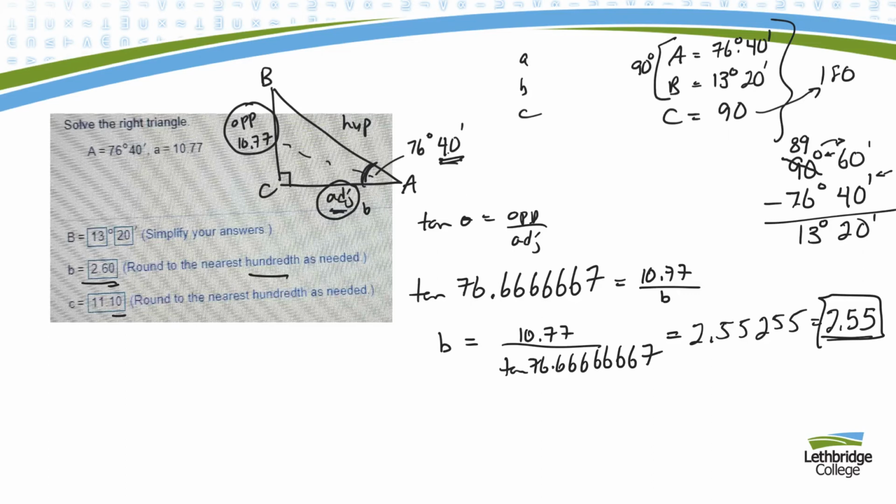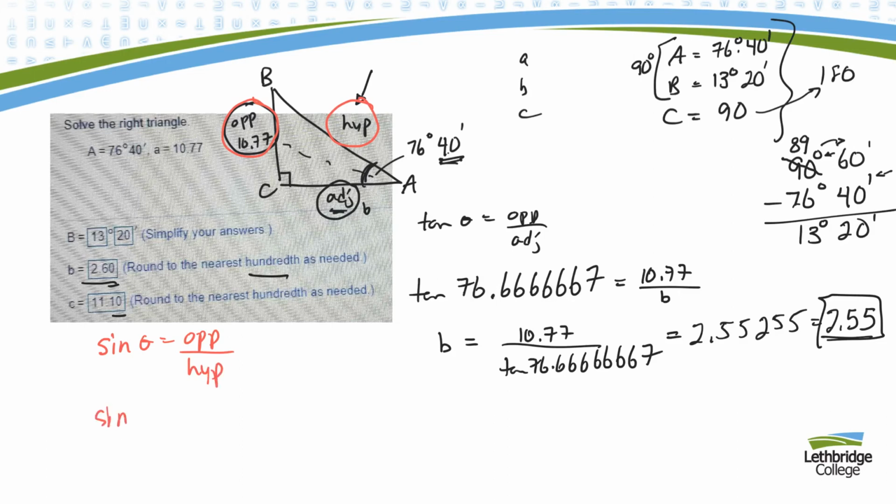All right, now I want to find out what the hypotenuse is. So again, I could use Pythagoras, or let's use some trig for that one. So I know the opposite, and I want to know the hypotenuse. So opposite and hypotenuse, that's a sine ratio. So the sine of an angle is the opposite side over the hypotenuse side.